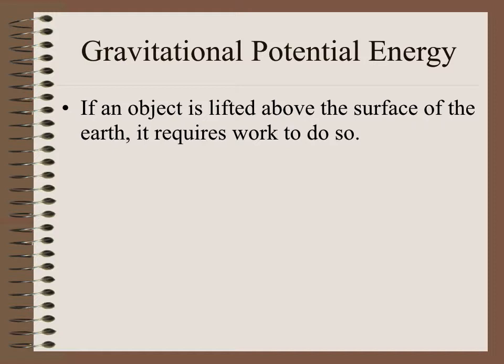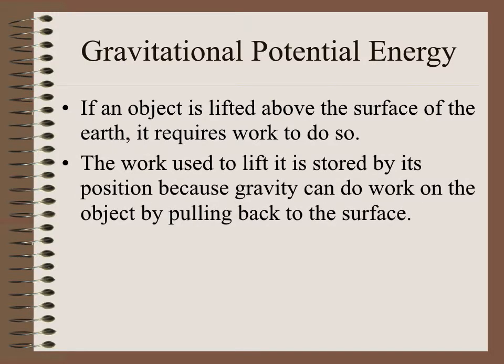So we got that work back. So the work used to lift the object is stored by its position because gravity can do work on the object when it pulls it back down to the surface. Gravity did work on the water, pulling it down through the hose, making it turn the dial.